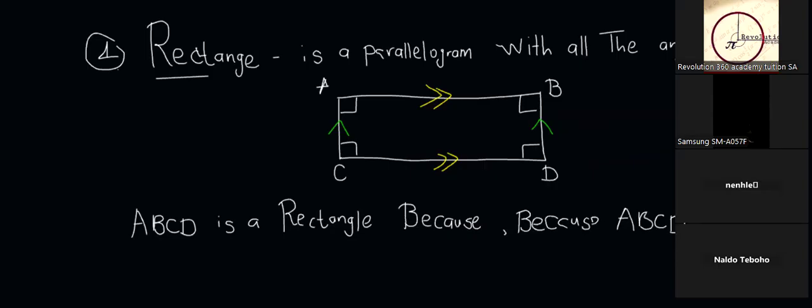Oh, thanks. ABCD is a rectangle because ABCD is a parallelogram.